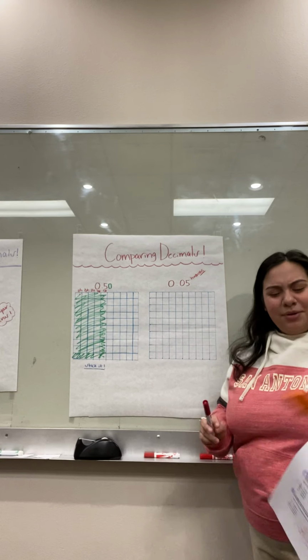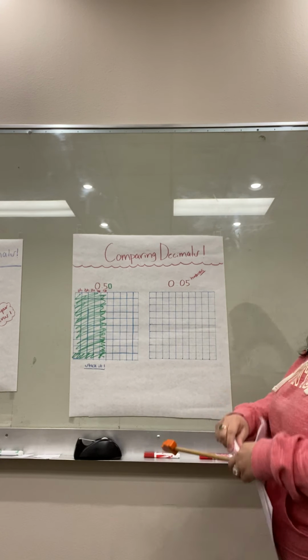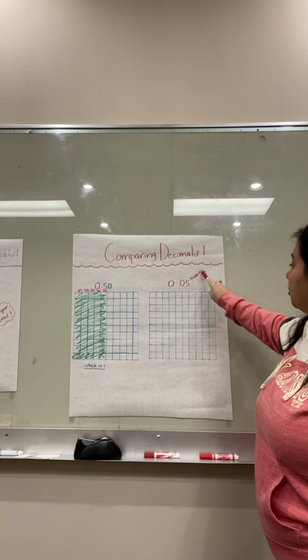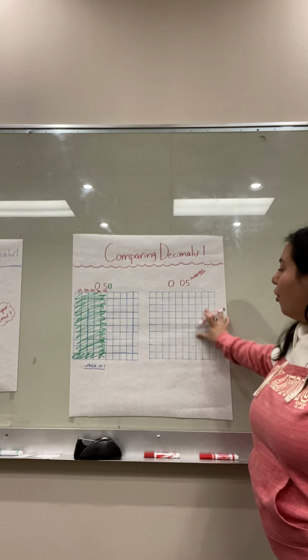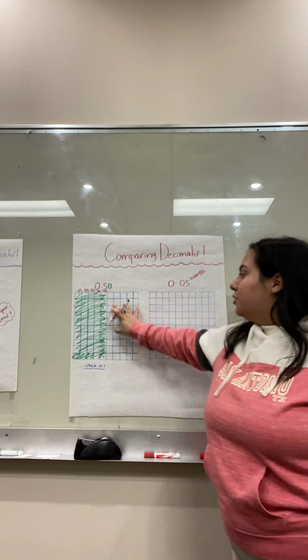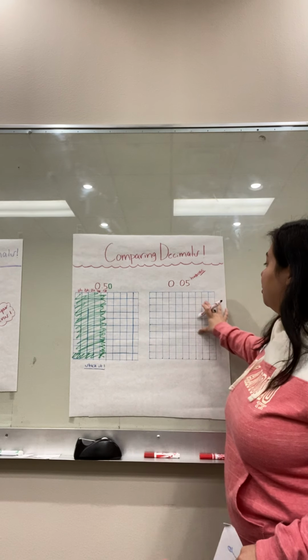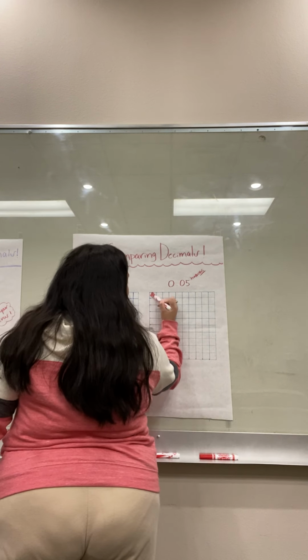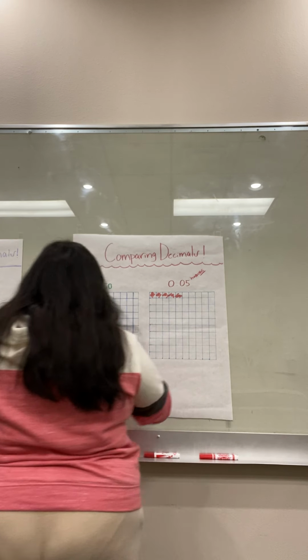How many do you think we're gonna shade in? We're gonna shade in 5, only 5, because our 5 is in our hundredths place value. So that means we only need to shade in 5 out of the whole 100. This one we shaded in 5 out of the tenths. Now we're gonna do 5 out of the 100. So we can pick any 5. 1, 2, 3, 4, 5.